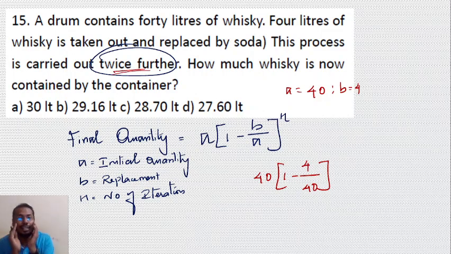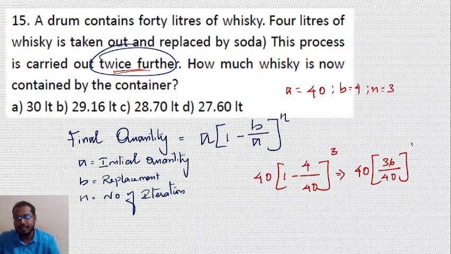We clearly need to understand that twice further means 2 more times. That means already 1 time was over, then 2 more times. So totally 3 times it should happen. So n is equal to 3. Don't take 2. Okay, so just write 40, 36 over 40 power 3.